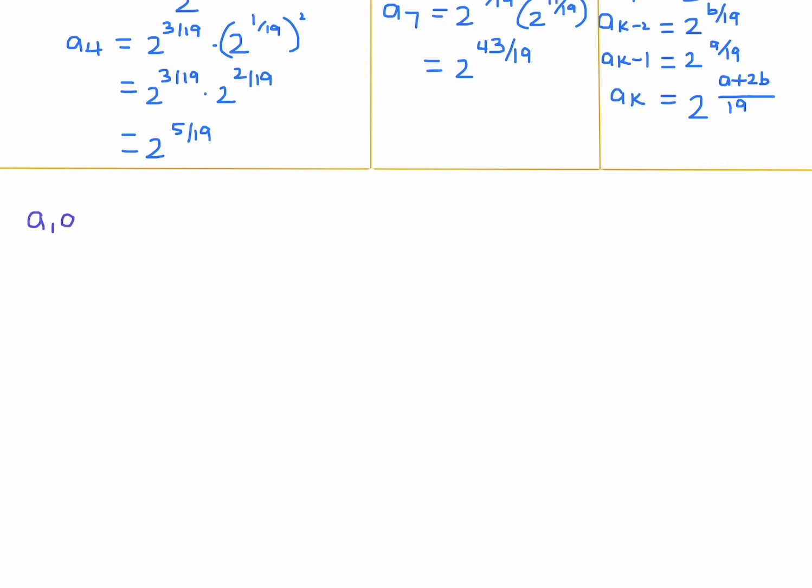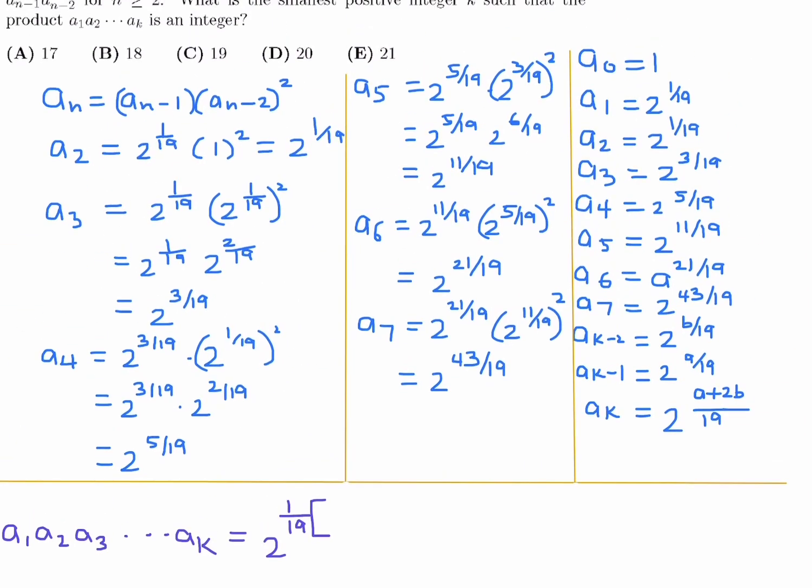Our big product, A1, A2, A3, dot, dot, dot, all the way till AK, is basically adding the exponents. It's a sum. So it'd be 2 to the power of 1 over 19, and then you're going to add up all the sums. So if you remember, this was 1, and then 3, and then 5, 11.